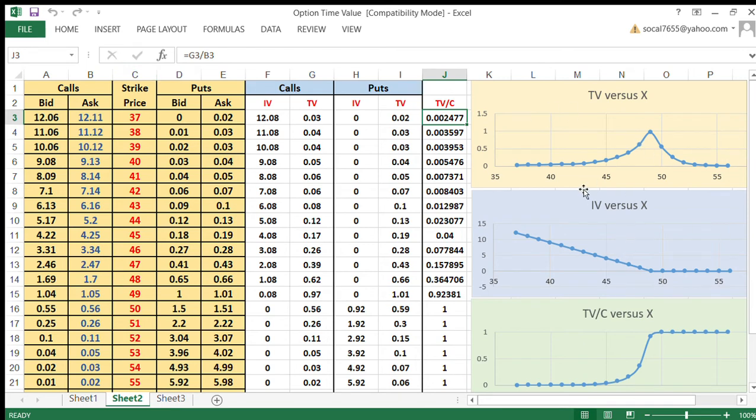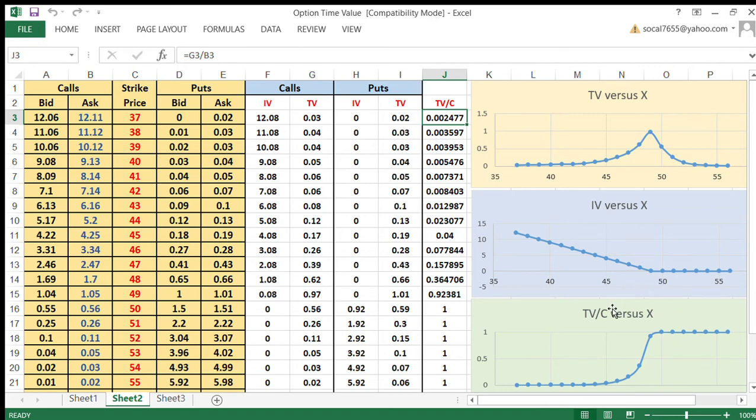Well, we glean that time value as a function of strike price rises then falls, reaching its maximum at the nearest-the-money strike price. Intrinsic value versus strike price falls in a linear fashion until the option has no intrinsic value.